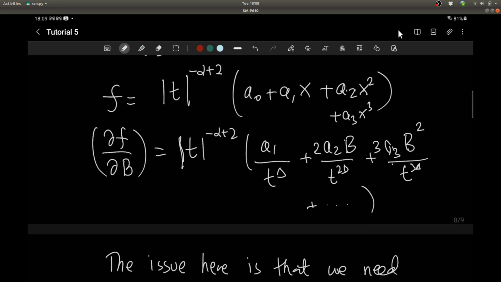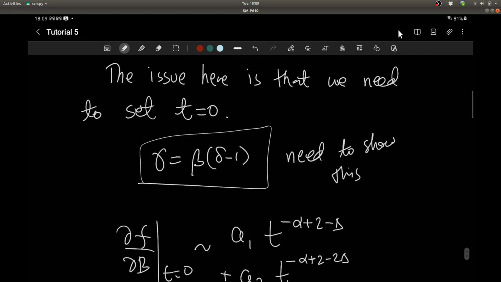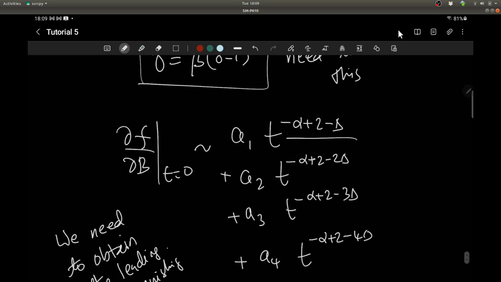But that's not supposed to be scale invariant, right? It cannot come from the A1 term, right? That's what I'm saying. So let's look at this term: that's minus alpha plus 2 minus delta.